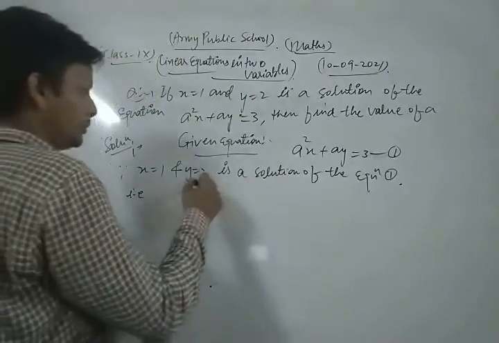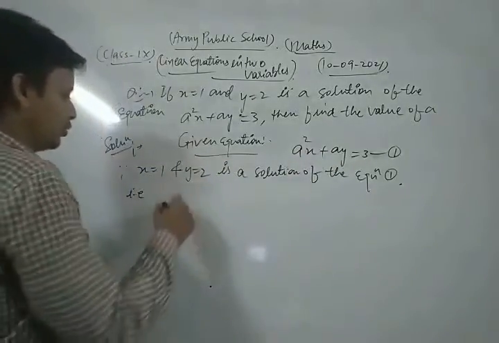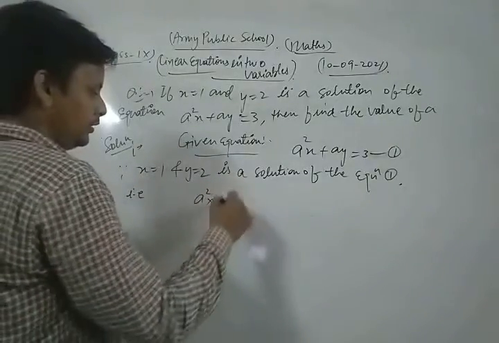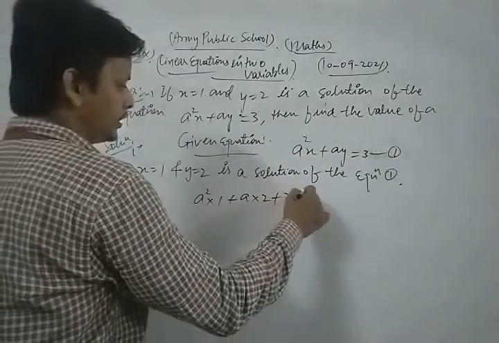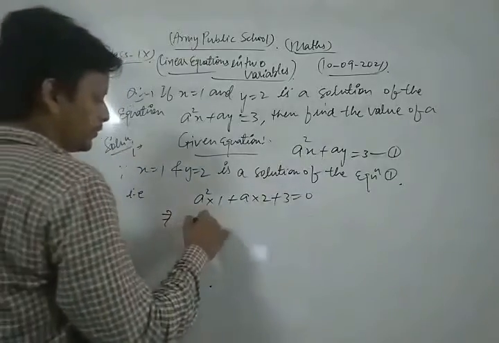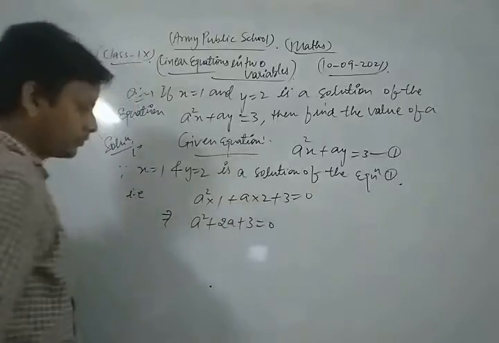Okay, so we replace x by 1 and y by 2 and simplify. So a square into 1 plus a into 2 plus 3 is equal to 0. Now we simplify and get a square plus 2a plus 3 is equal to 0.